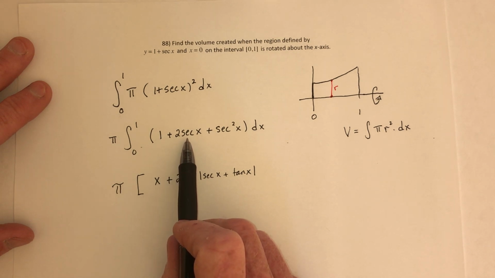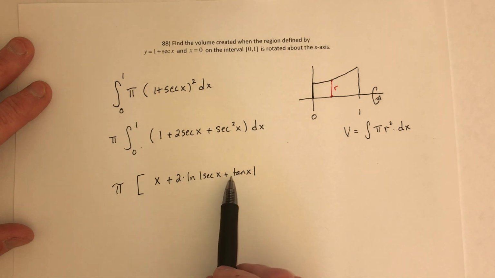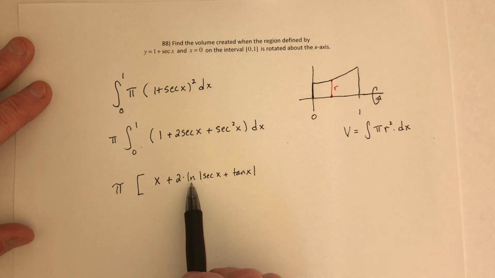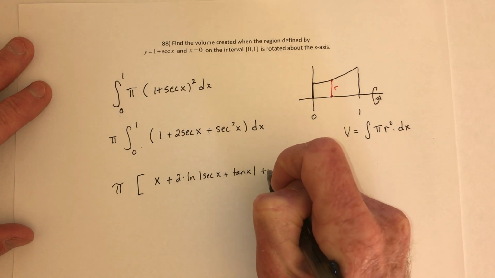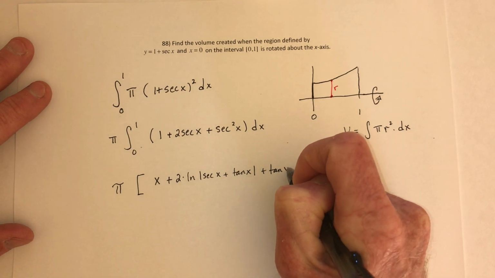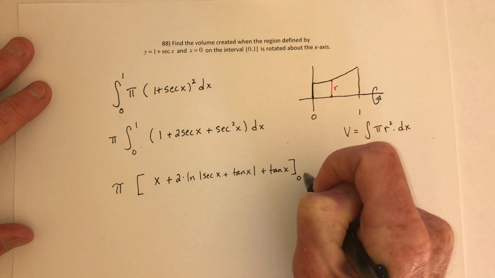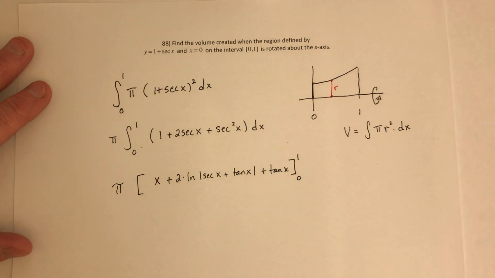So the integral of secant also has a secant and a tangent, but they're added together, and then there's also the natural log. I also remember the derivative of tangent is secant squared, so the antiderivative for secant squared is tangent. And then that gets evaluated from 0 to 1.